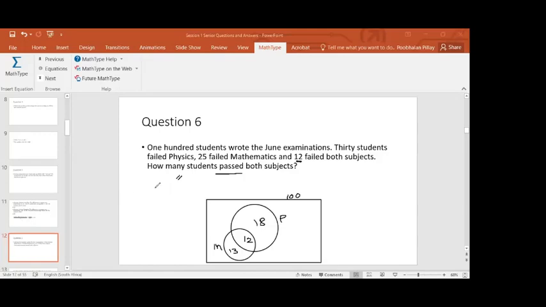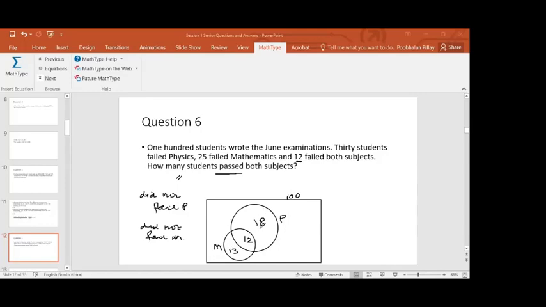It means that they did not fail physics, and they also did not fail mathematics. That means these people are not inside the P set, because these are the people in the P set, and they're also not inside the M set. Right? So in other words, they're not anywhere inside these circles here.